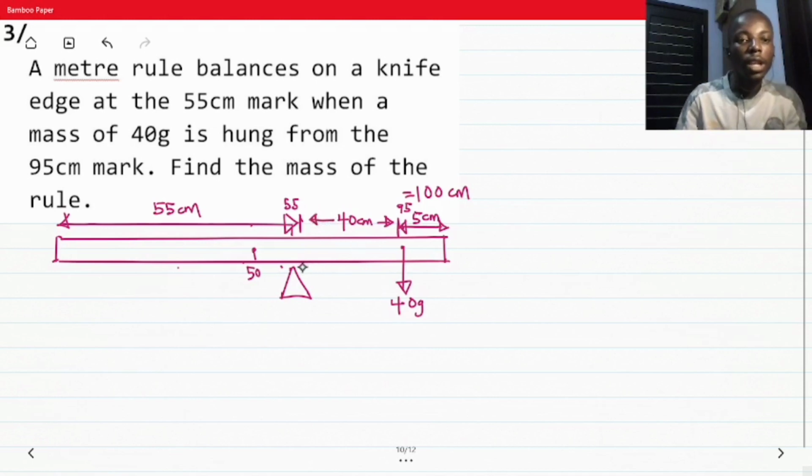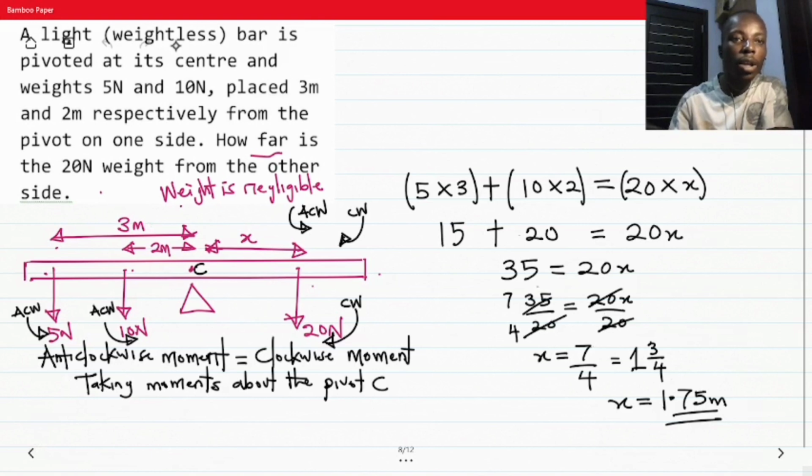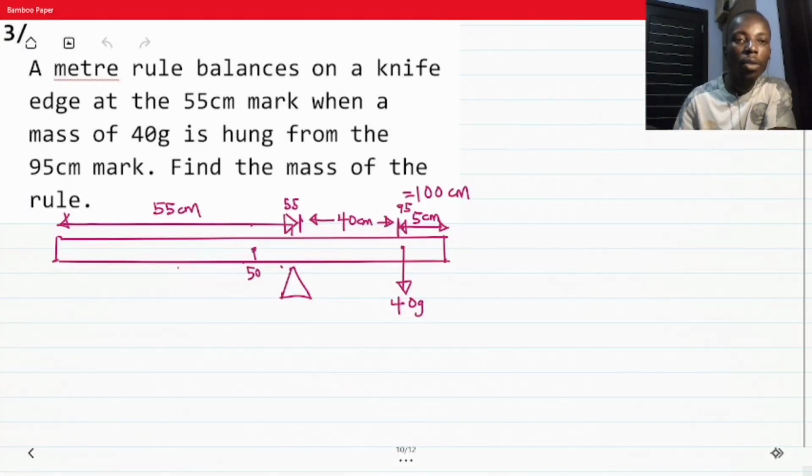Now the weight of the meter rule will be concentrated at the 50 centimeter mark, at the middle. So we have another weight at this point, even though the question is silent about it. In the first example we saw, the bar was weightless. But in this particular example, it didn't say anything of such.